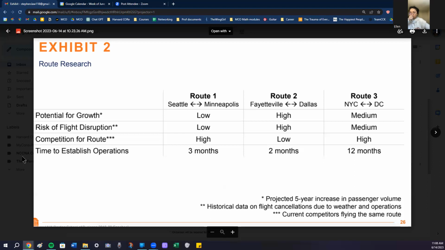And for the second route, the initial upfront cost is 6.5 million, and with 3.4 million made per year, that means it would essentially be 2 years for the payback period for the second route. And finally, for the third route, the initial investment was 6.5 million, and we make $12 million per year profit for the third route.